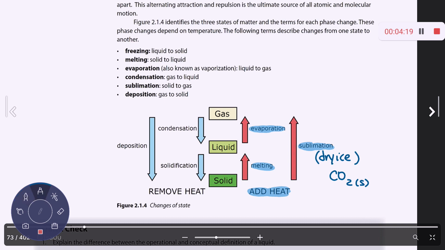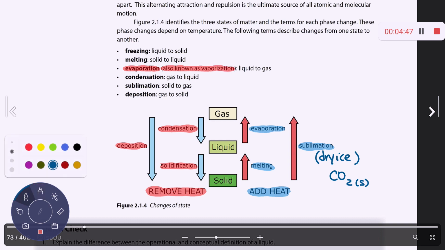Okay. On the left-hand side of this figure, this is where we would be removing heat. So if I convert a gas into a liquid, heat would be released. That's condensation. Liquid to solid, that would be solidification. Gas to solid, and then it bypasses the liquid phase. This would be deposition. A couple things that I would know up here is that evaporation is also known as vaporization.